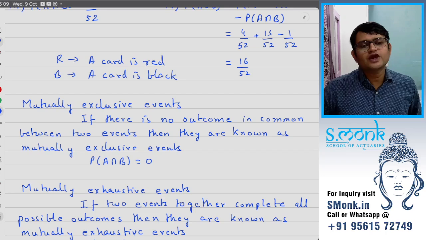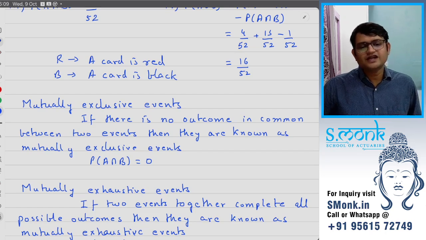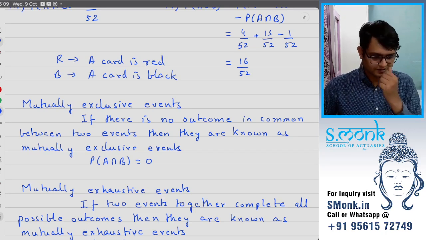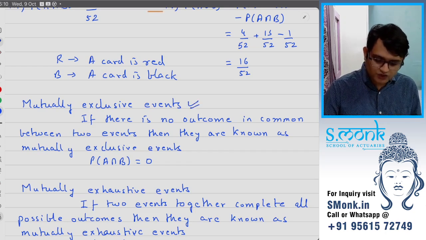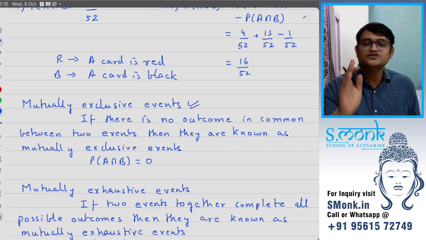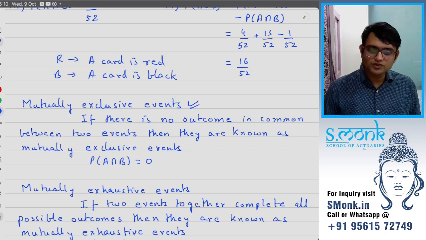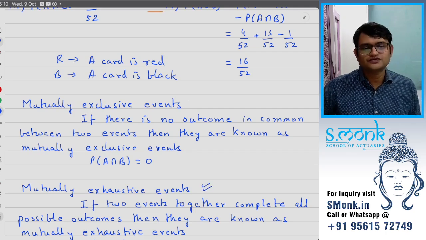So we know in the deck of 52 cards we have 26 red cards and 26 black cards, right? So together they make up the whole deck. They are mutually exclusive because there is no such card that is going to be red as well as black. So they are mutually exclusive and they are also mutually exhaustive because together they make up everything.